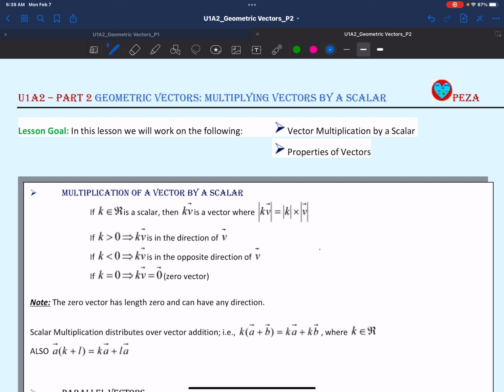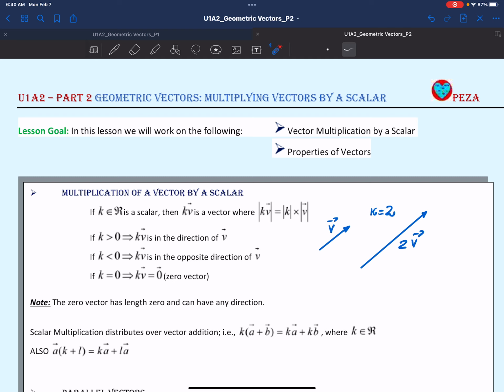Suppose that you have some vector v here, and you're multiplying vector v by some number, for example, 2. So that means k equals 2. If you multiply vector v by 2, it means that you're making vector v 2 times longer. So the magnitude of v will be twice as big. The direction, though, will stay the same. So this will be vector 2 times v.